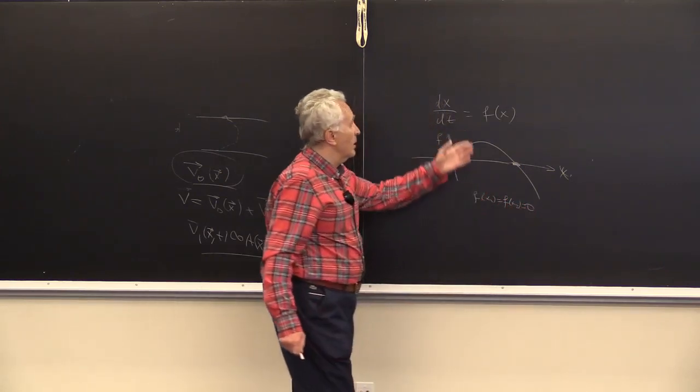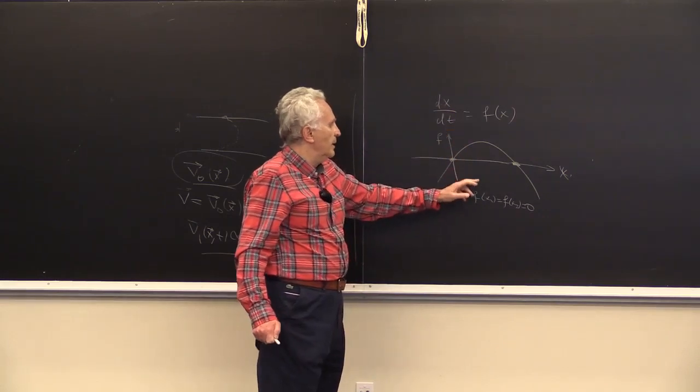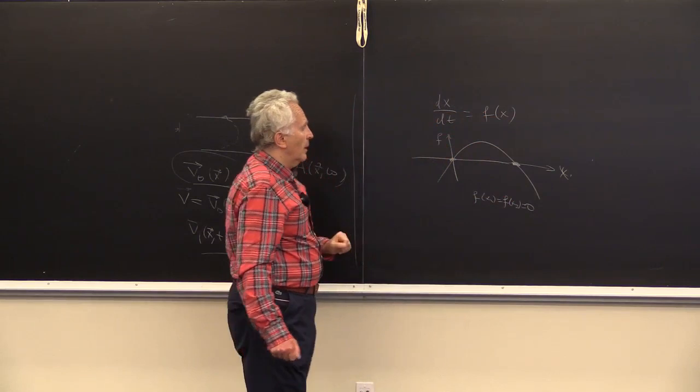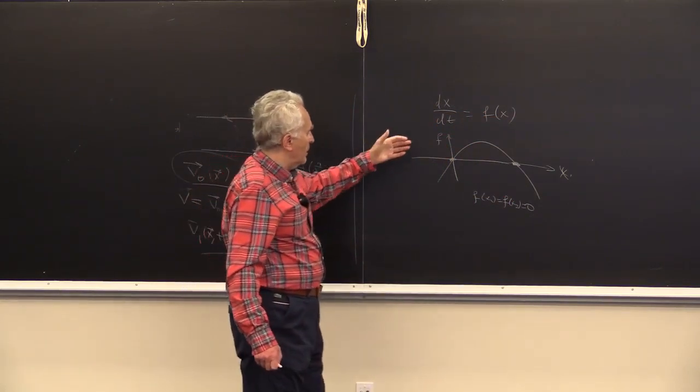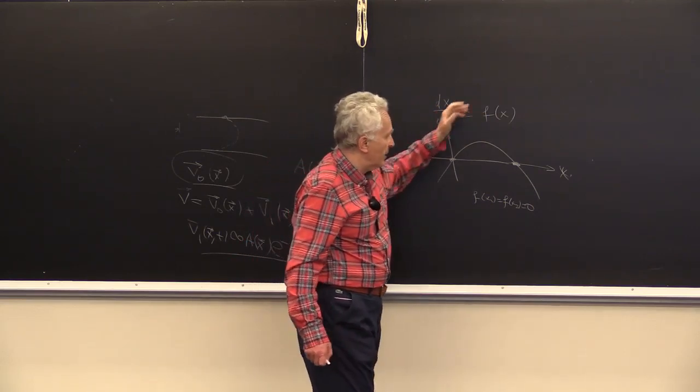They are clearly solutions of this equation. You can simply say x of t is equal to x1, or x of t is equal to x2, being a constant. And that will solve this equation, because there is no time dependence.